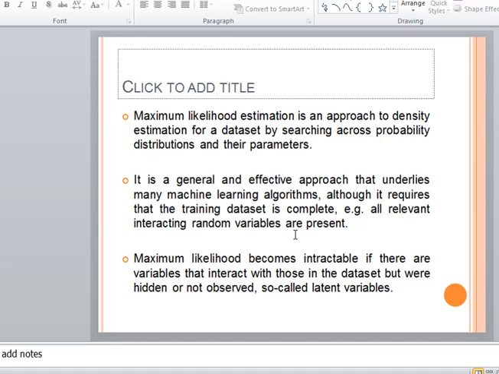Although it requires that the training data set is complete, for example, all relevant interacting random variables are present. Maximum likelihood becomes intractable if there are variables that interact with those in the dataset but were hidden or not observed. These variables are called latent variables, right? So the latent variables are those variables which are hidden or maybe not observable in the dataset.